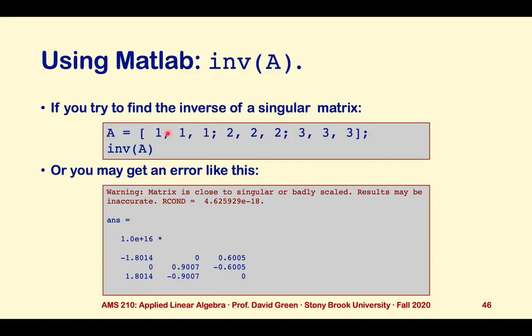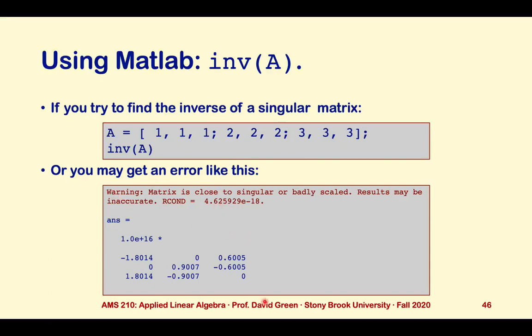Here Matlab gives a different warning. It says matrix is close to singular or badly scaled. Results may be inaccurate. And then it gives something called a condition number that lets you assess just how close to singular it is.